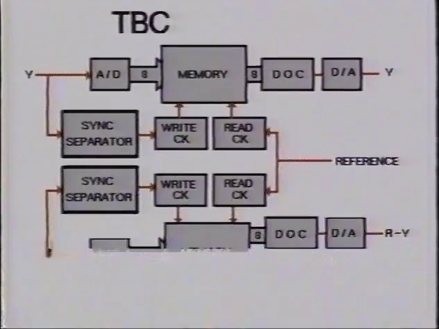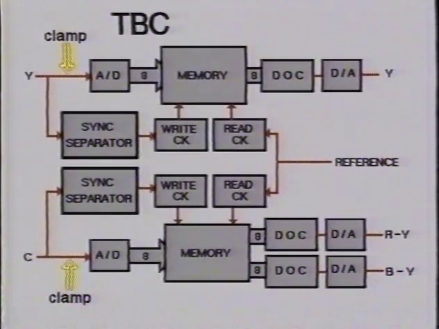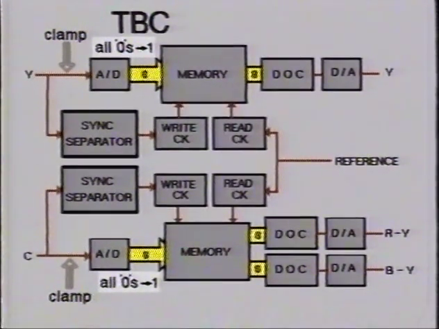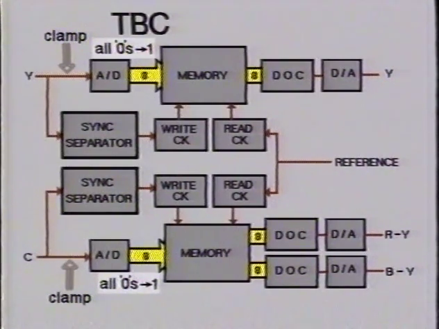The signals are then clamped and converted to digital form. Any all 0 bytes are incremented to 1, these all 0 bytes being reserved for dropout identification in the memory.